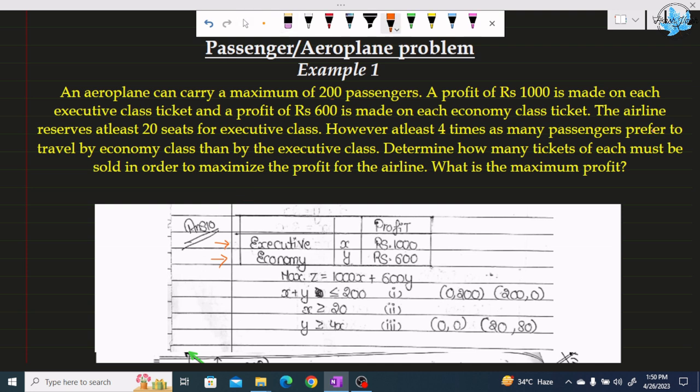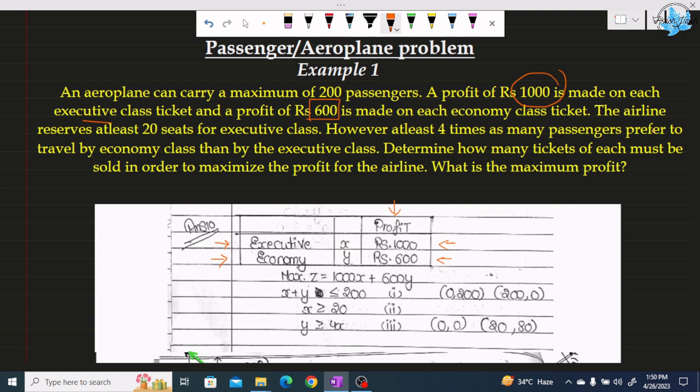In the question, one thing is given: 1000 profit for the executive class ticket, and 600 for the economy class ticket. So I have put the values of the profit in the table, 1000 for the executive and 600 for the economy. I have assumed the executive class to be 1000 and the economy class to be 600.